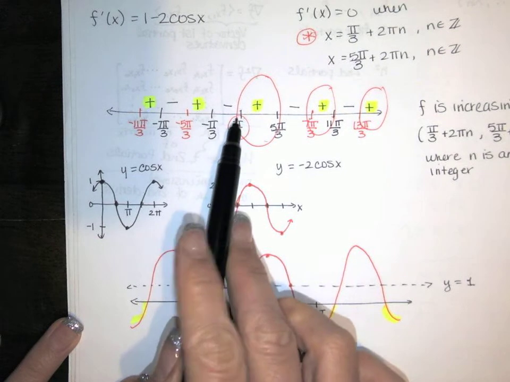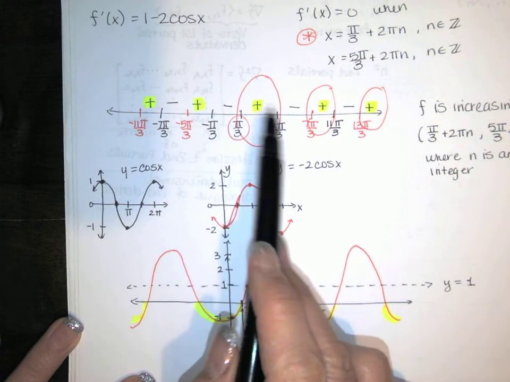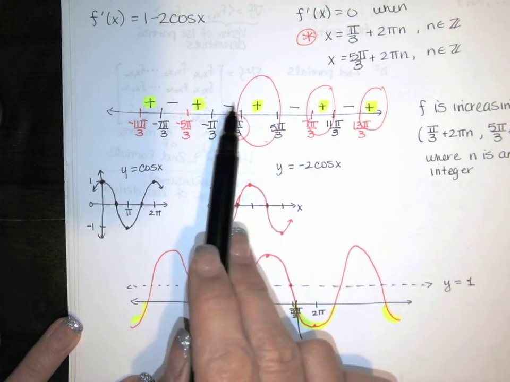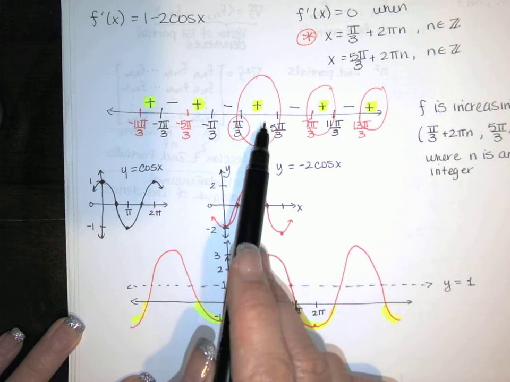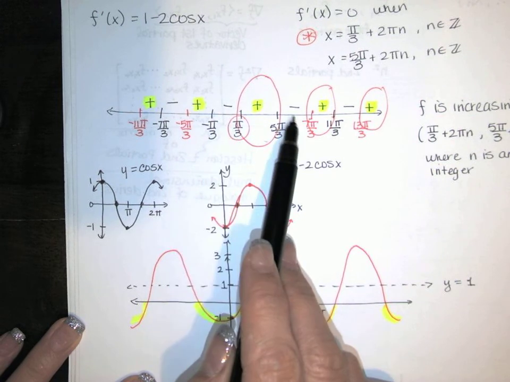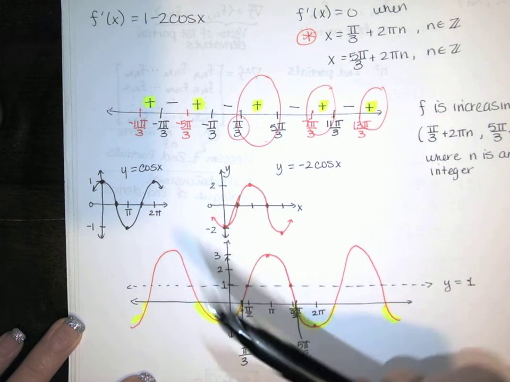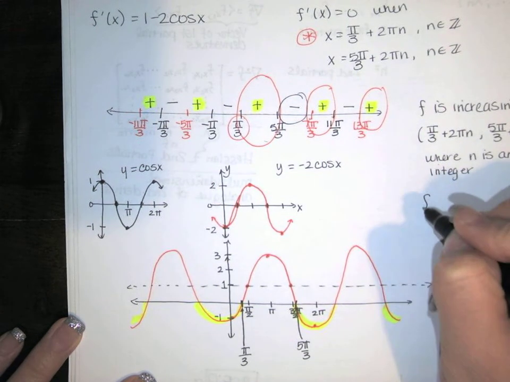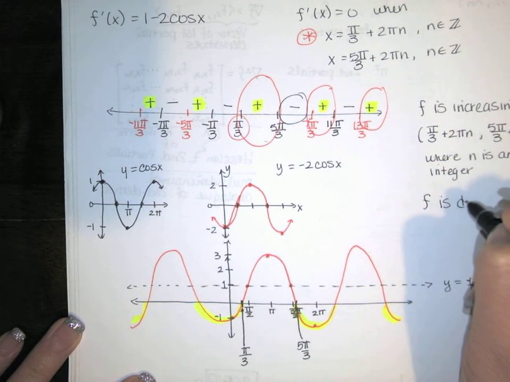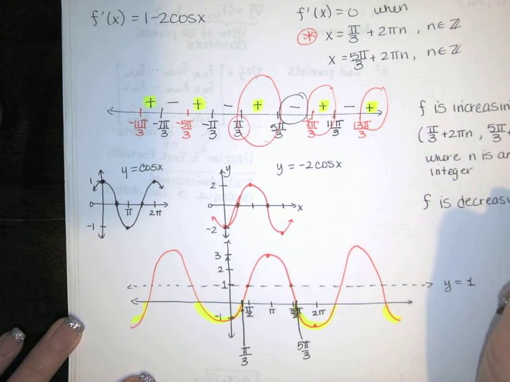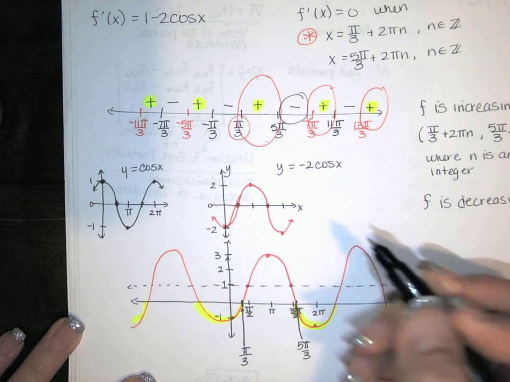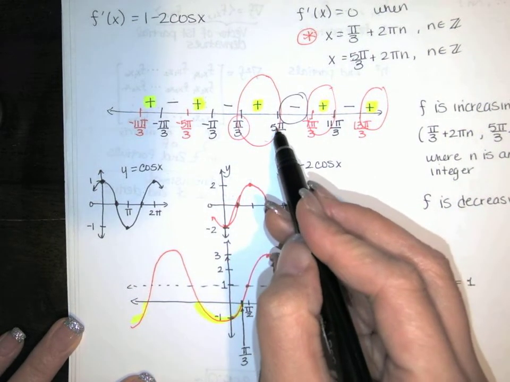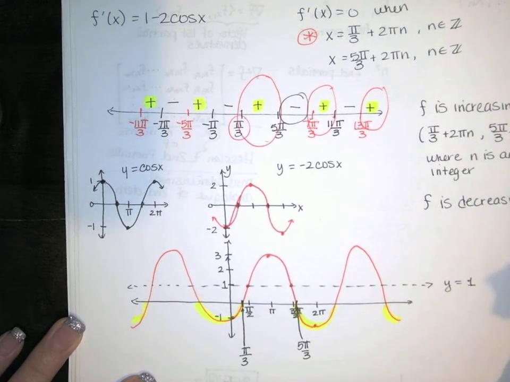And we could say that f is decreasing over here and decreasing over here on 2 separate intervals, but I think this is a special case of this one as well. So let's focus on this one. f is decreasing where the derivative is negative. f is decreasing on the interval from 5 pi over 3 to 7 pi over 3.